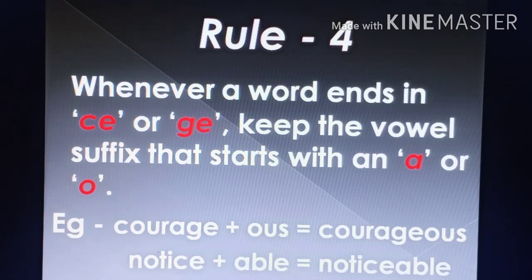Courage, it ends with GE. Notice, it ends with CE. And in both cases, the vowel suffix that is added starts with A or O. So the word that we have created after adding a suffix has not changed. So the E stays over there.